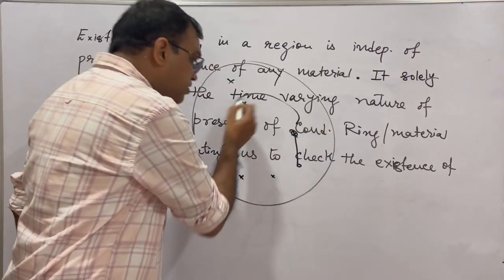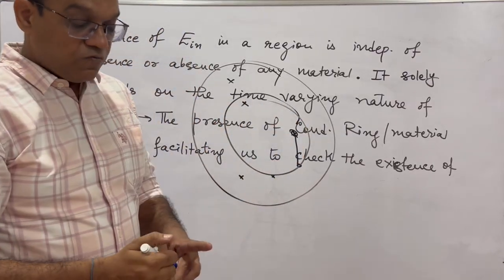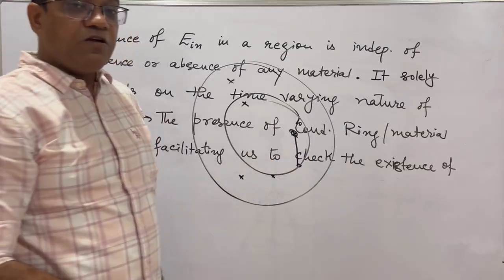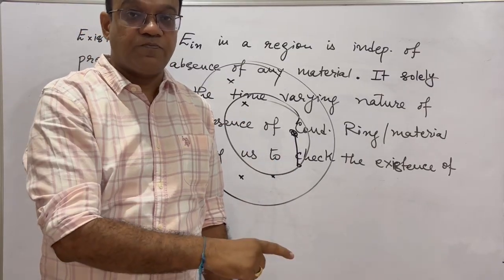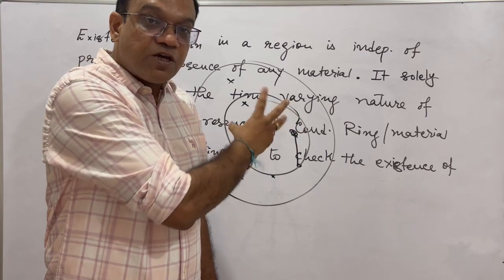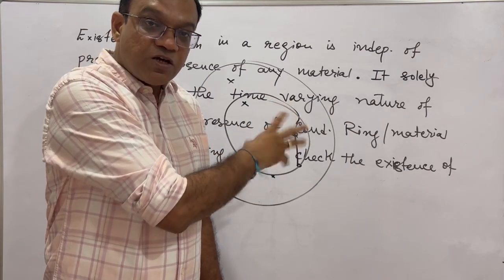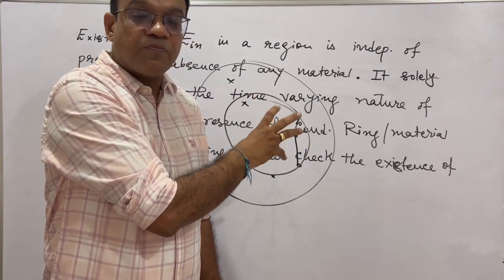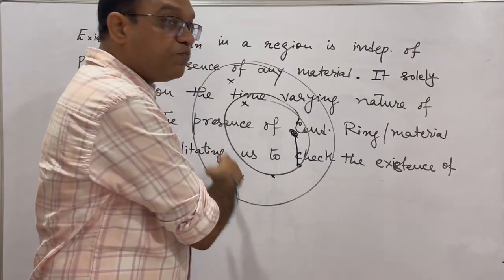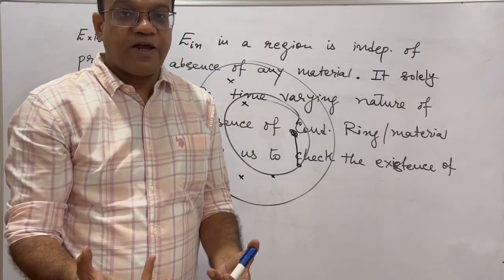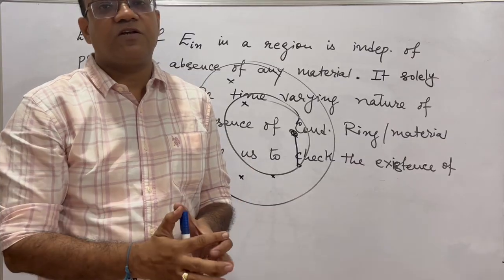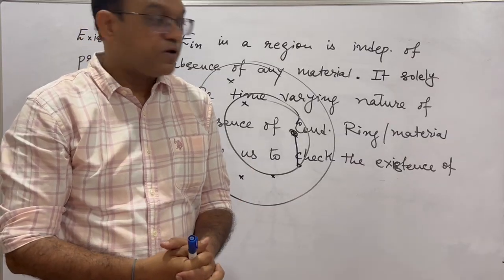Then why do we need that conducting ring? With the help of this conducting ring, we confirmed that some current is there, some induced EMF is there. So this is only a means, only a way to identify that induced electric field is there.